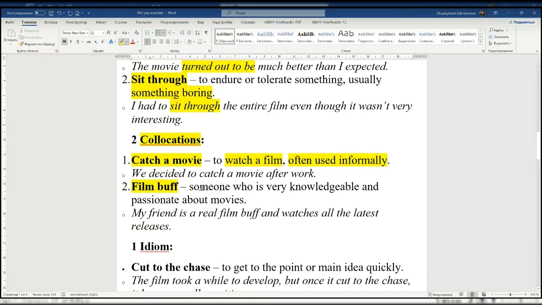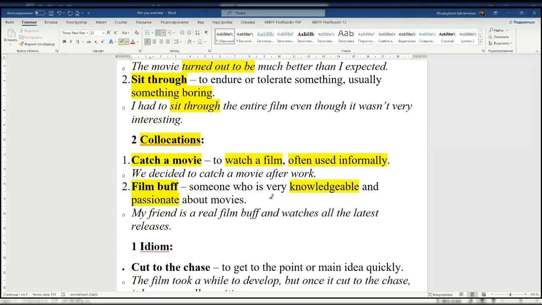A film buff is someone who is very knowledgeable and passionate about movies. So a film buff is a person who knows anything related, any topic, right? For example, if you talk about Marvel movies, he knows what it is, who is who, right?